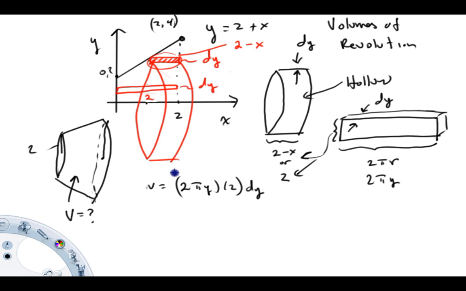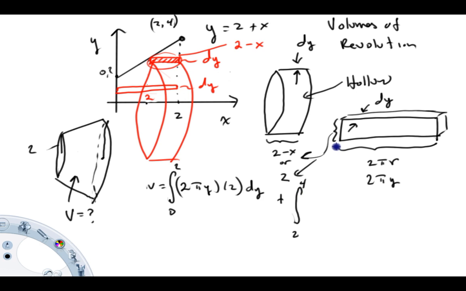This expression added up as y goes from 0 to 2 is going to give us the volume of the interior, the first part. Then we're just going to add a new expression where we're going to integrate with respect to y from 2 to 4.